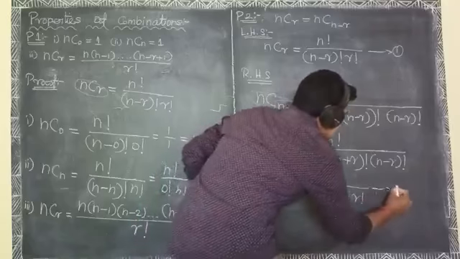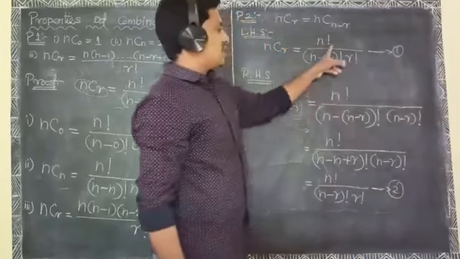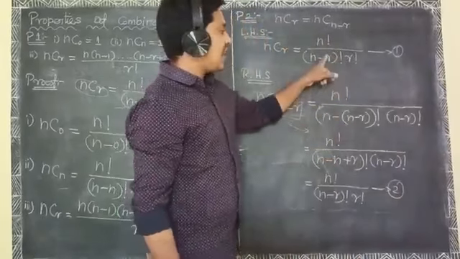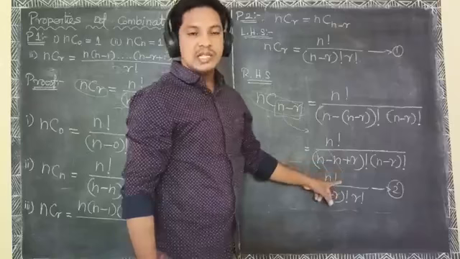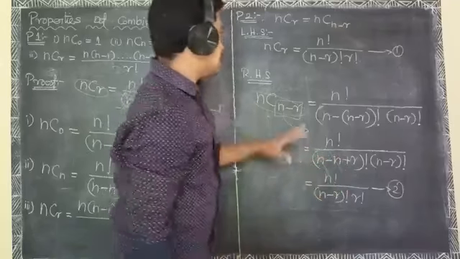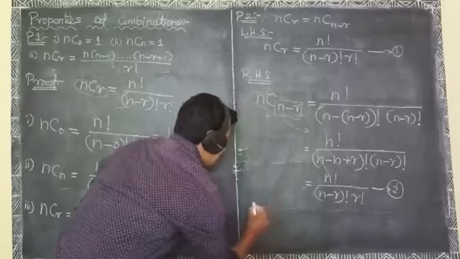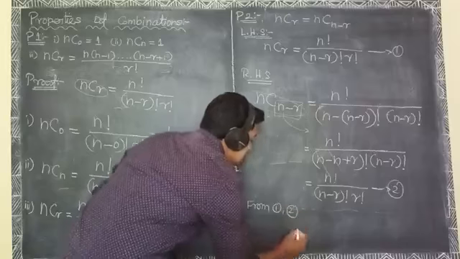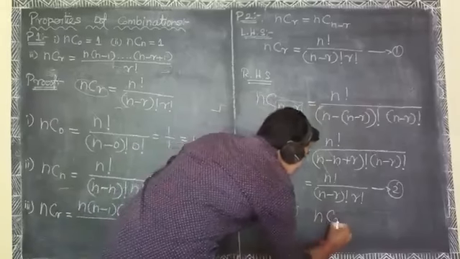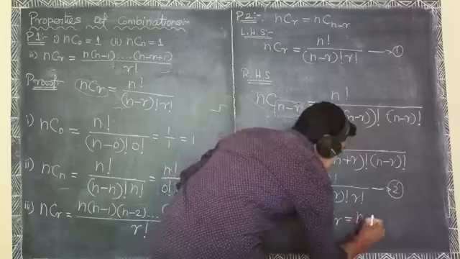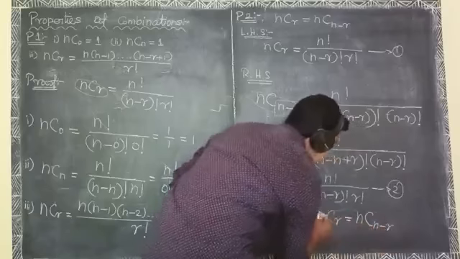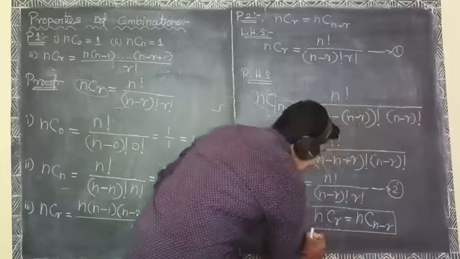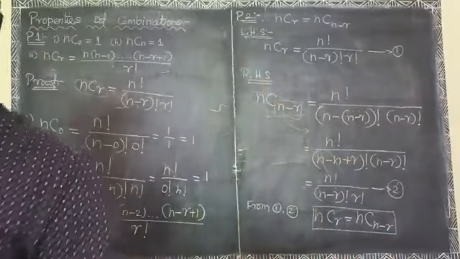This is equation number 2. From equations 1 and 2, the right hand sides are equal, so we can equate the left hand sides: nCr is equal to nC(n minus r). Then the results are equal, hence proved.